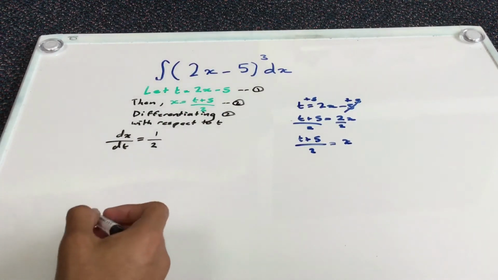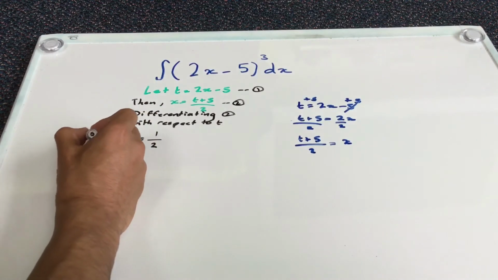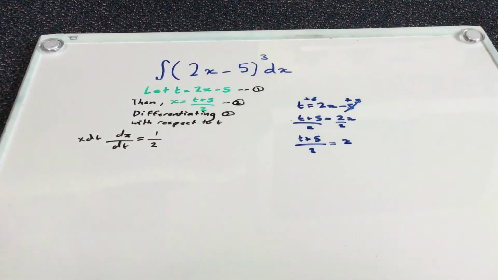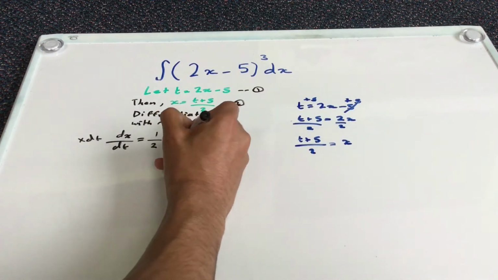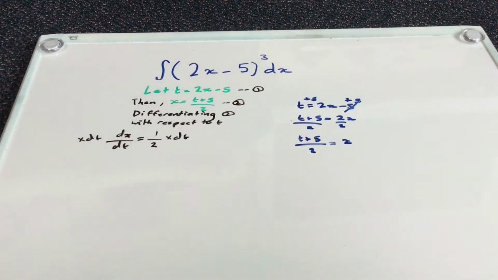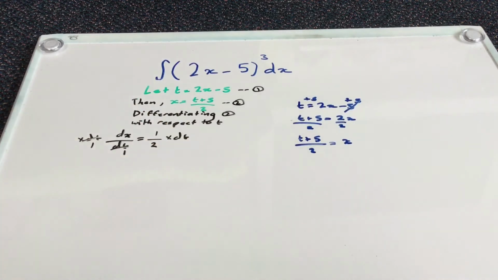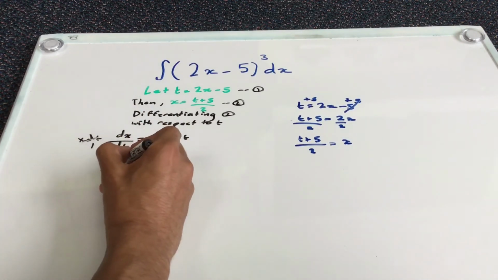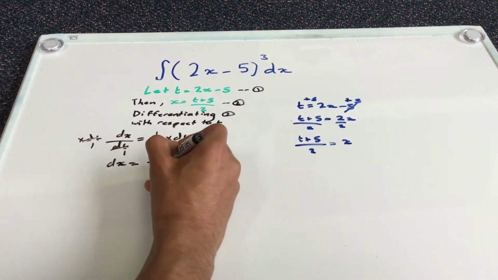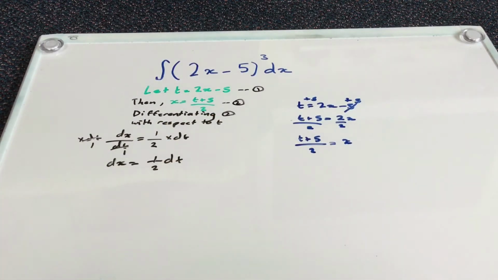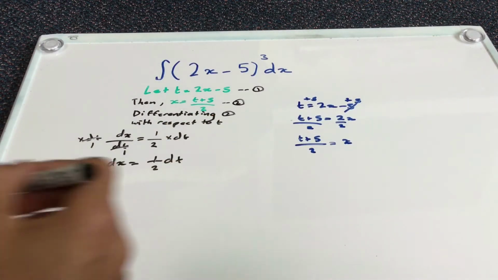And now we have to multiply by dt to get rid of dt from the denominator. So we multiply both sides by dt, we cancel out dt, and dx is equal to half dt. Okay, so that's going to be named equation 3.